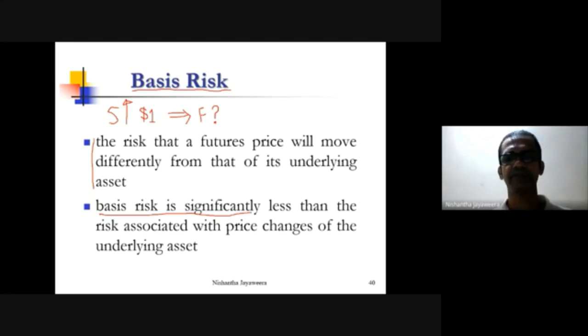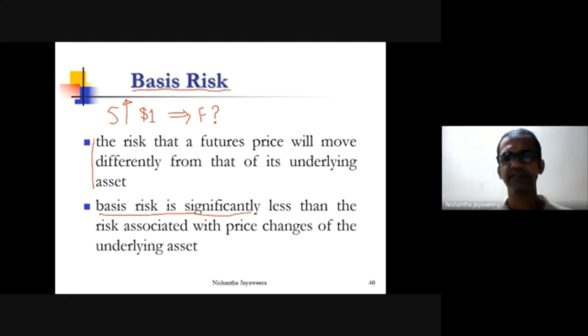So the futures price and the cash price or the spot price change by different amounts. Therefore, the basis would change from time to time. Even if the basis remained constant, that's fine, we know that would be the difference. It won't happen. The difference between cash price and the futures price changes from time to time. That's the basis risk.